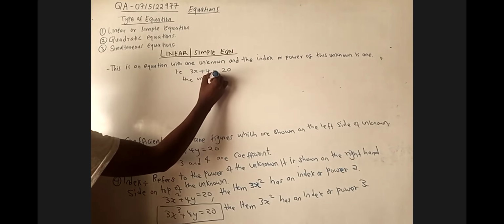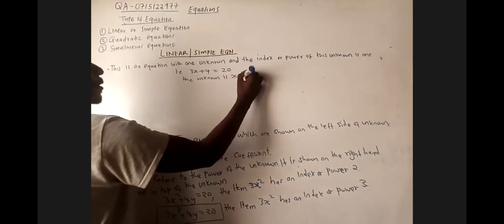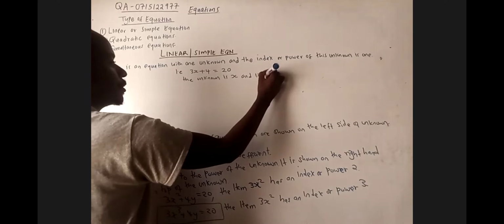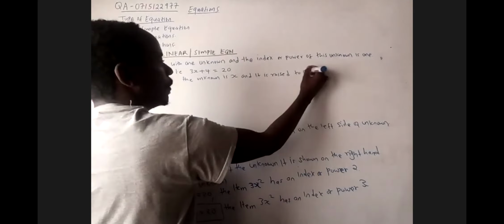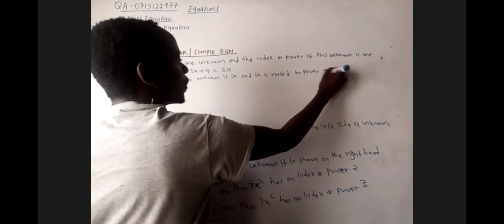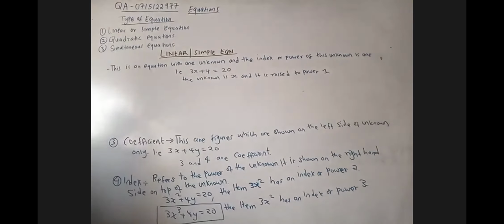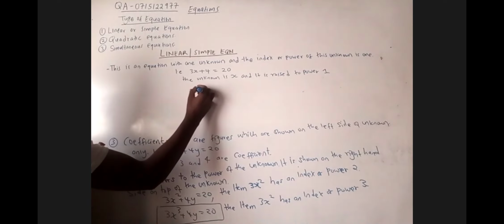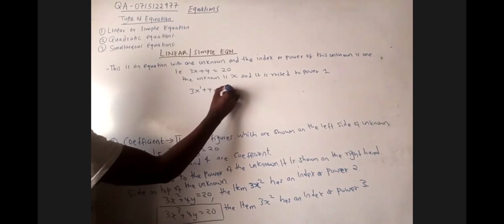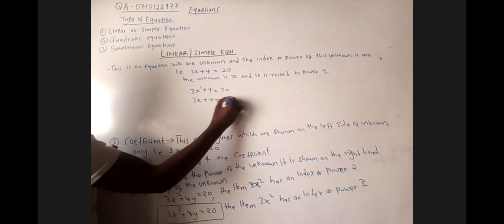The unknown is x, and it is raised to power 1. So it is like saying 3x raised to 1 plus 4 equals 20, which is the same as saying 3x plus 4 equals 20.